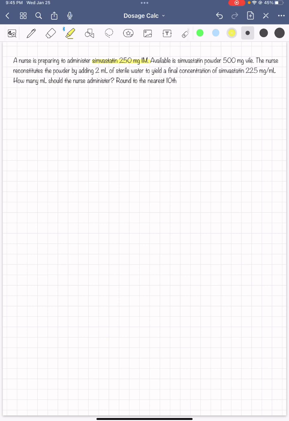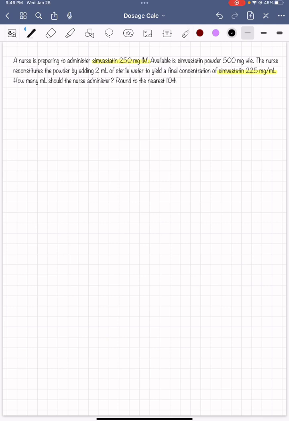So, available is a 500 milligram vial. The nurse reconstitutes the powder by adding 2 milliliters of sterile water to yield a final concentration of simvastatin 225 milligrams per milliliter. So, this whole piece of wording in between these two highlighted points is really not pertinent because we have our final concentration and what we need to administer.